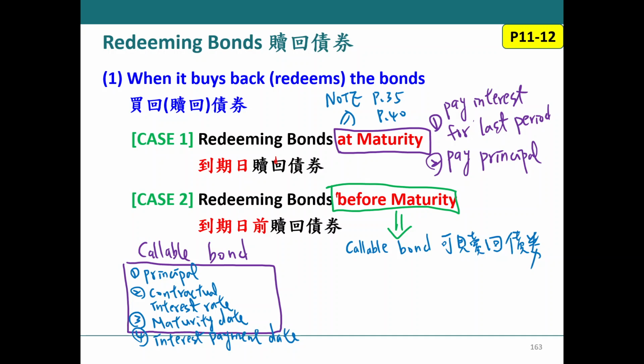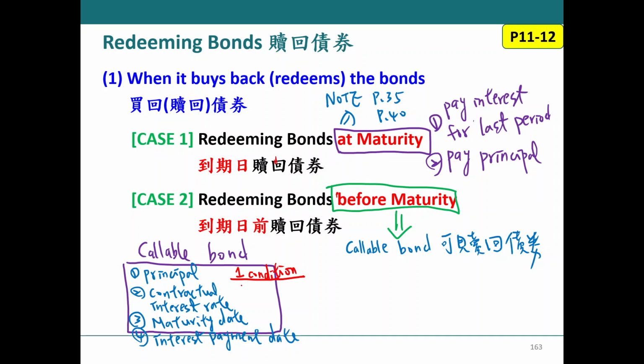But when it is callable, what does it mean? We have an additional condition with investors. So what is the additional condition? You could pay the money back before maturity, okay? So on this bond, we have one condition right here. So what is the one condition?